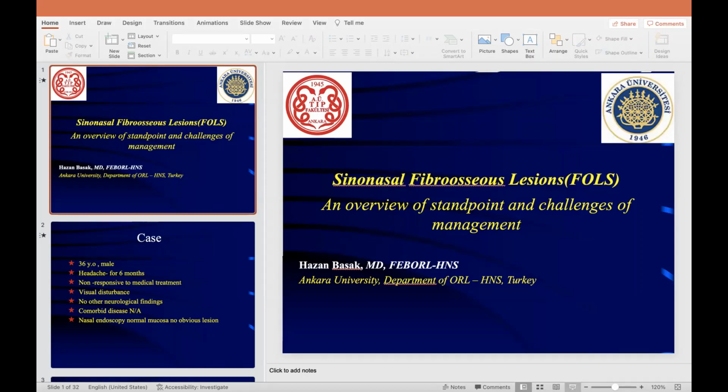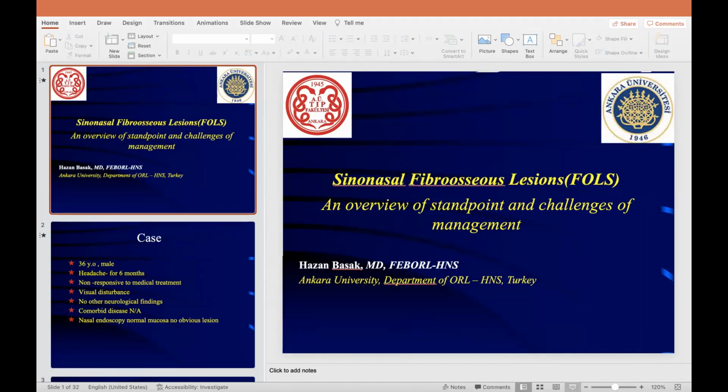In this case, it's not attached to the skull base, so we are completely safe. The only problem was it's going inside the orbit. So we need to separate the ethmoid part from the orbital part first, because otherwise it will be impossible to resect it in one piece.